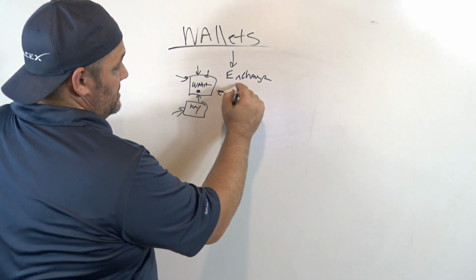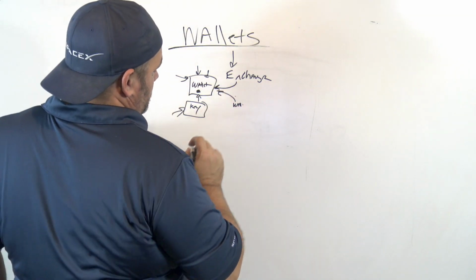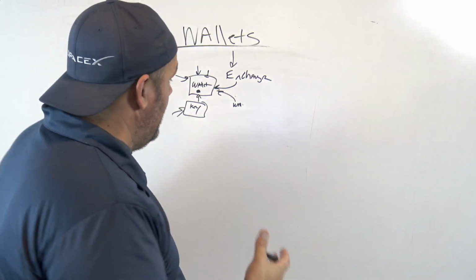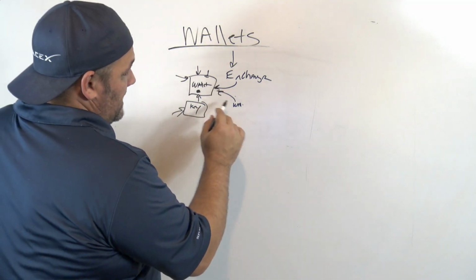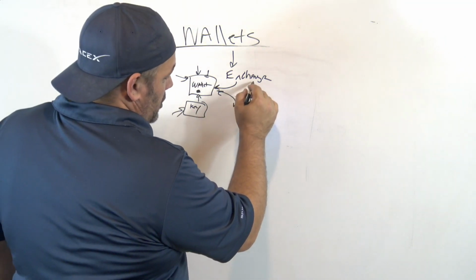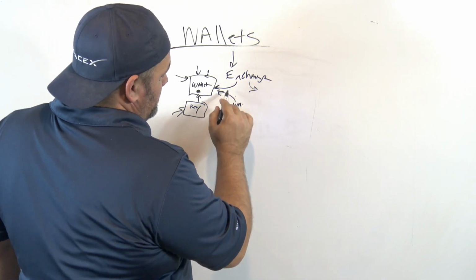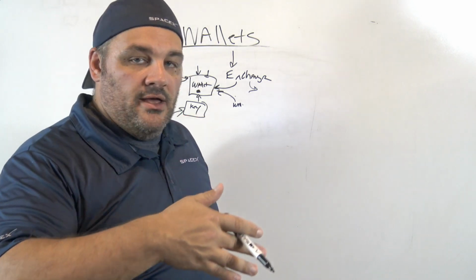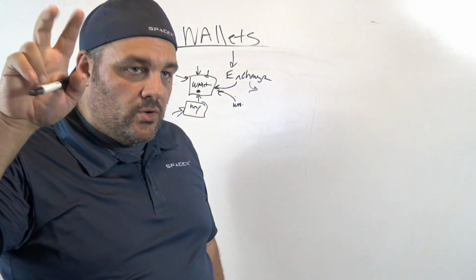And some exchanges keep a hot wallet that's actually on an actual blockchain, and then some are just, when you're going in and interacting, you're not necessarily interacting with that particular area that has your quote unquote coins.